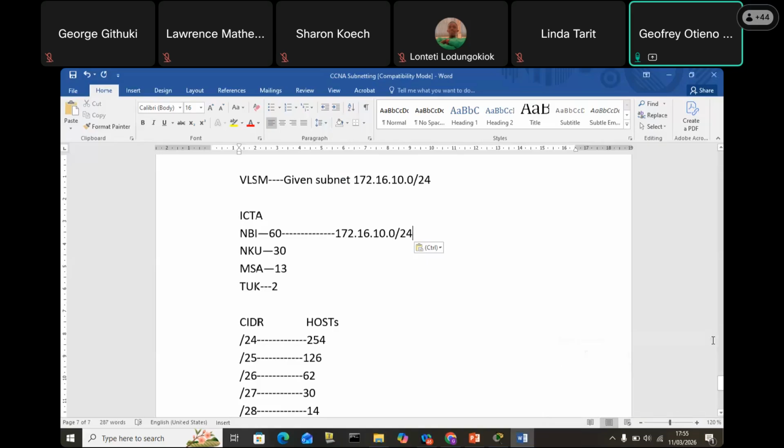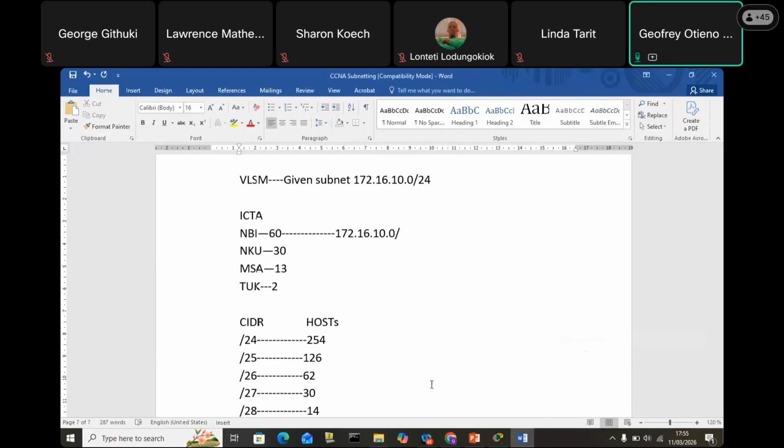But I will not put that prefix 24. According to my CIDR table down here, I will check which prefix will give me the number of hosts with the least wastage.